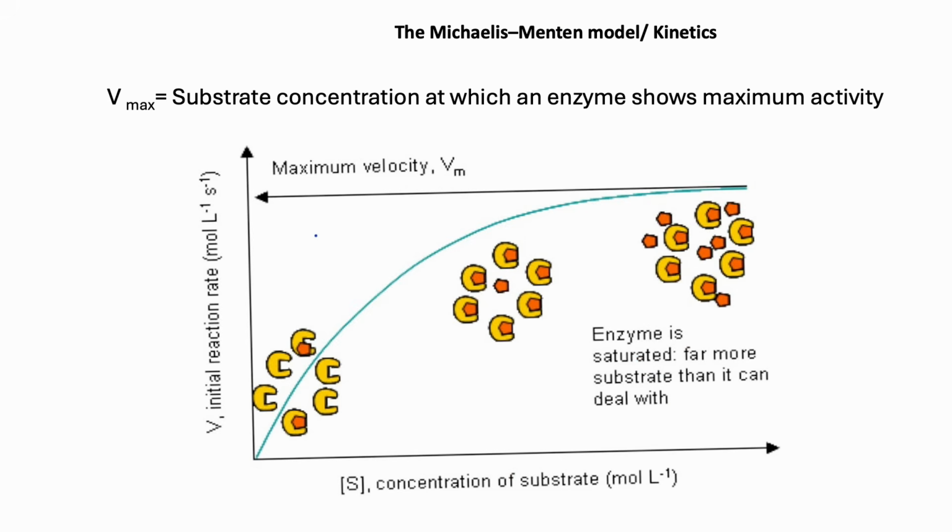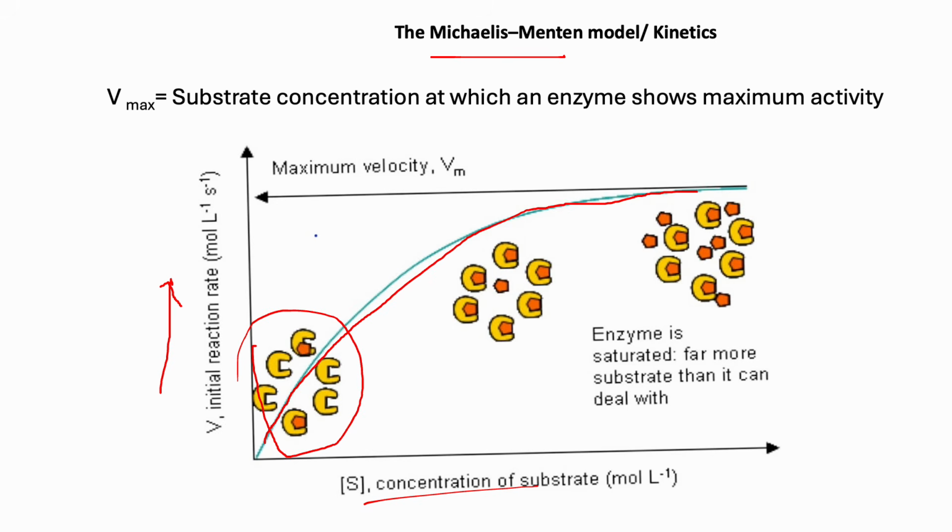Let's talk about the Michaelis-Menten model, or kinetics. In the Michaelis-Menten model, if we put substrate on the x-axis and velocity, the initial reaction rate, on the y-axis, then in the very early stage where substrate is free, velocity will increase. At one level it will be maximum, which we call Vmax.